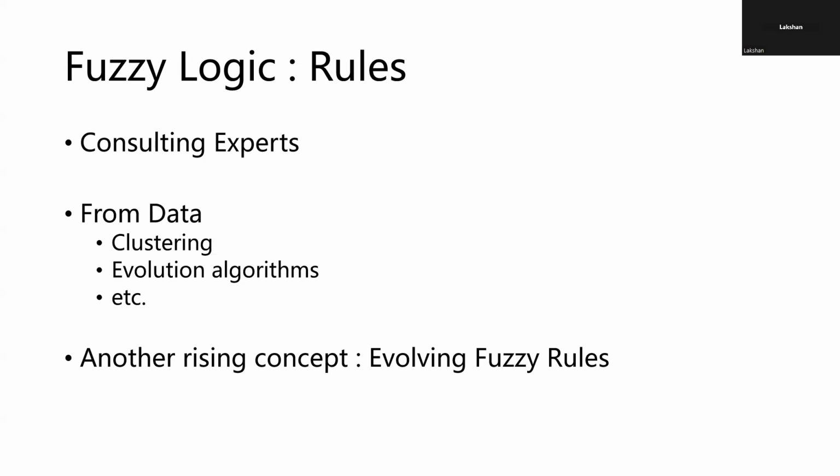Actually, when it comes to machine learning, we have to train a new set if we want to evolve the machine learning algorithm or the output. But here, if something is changing, we can use evolving fuzzy rules. While it is online, it can change these fuzzy rules online. So that is another concept where we use fuzzy logics or fuzzy rules.